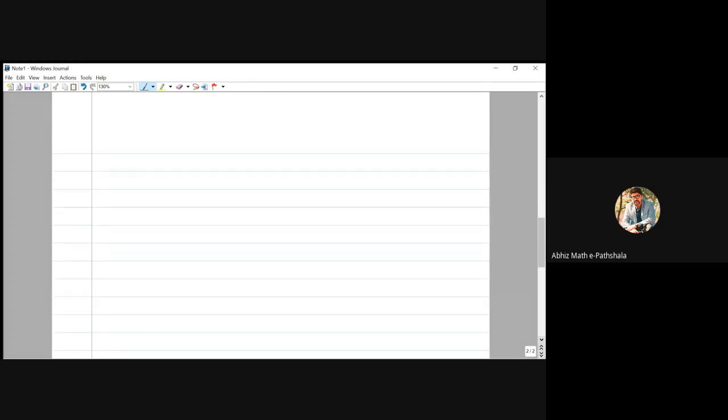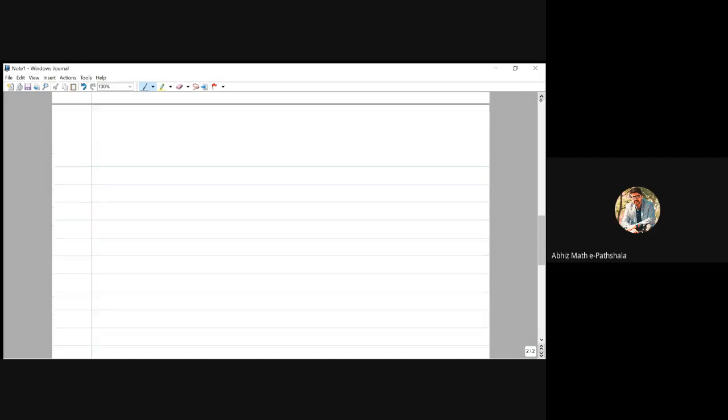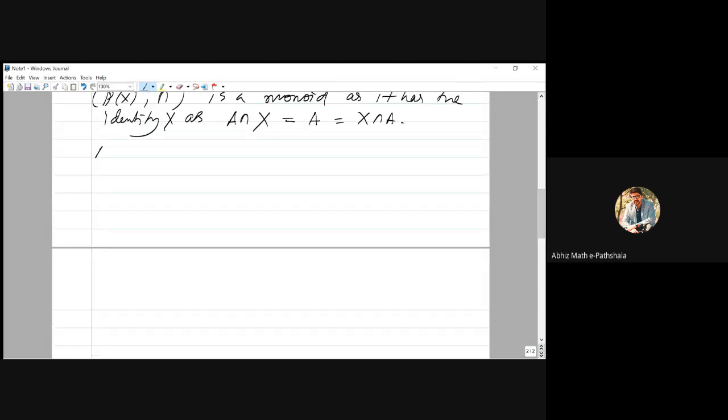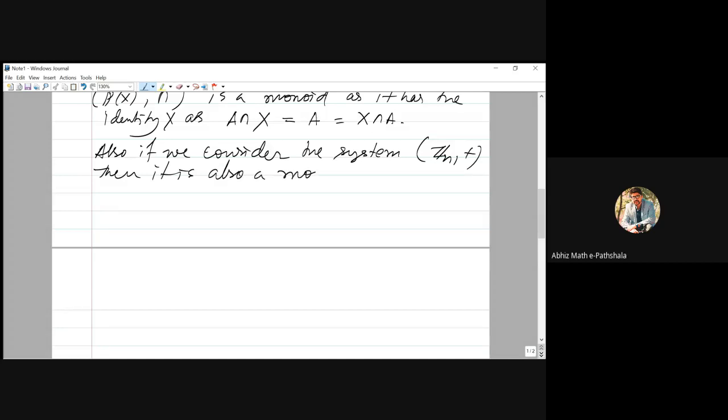Okay. And also, if we consider the system (Zn, plus), then it is also a monoid, as which will be the identity for this operation over Zn? The 0 class.